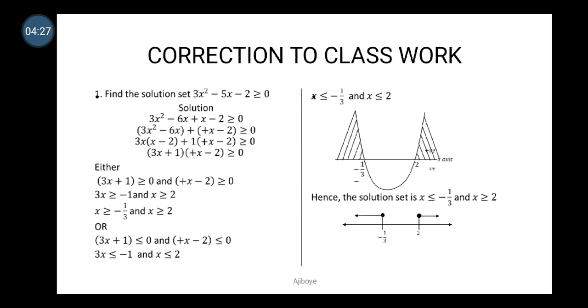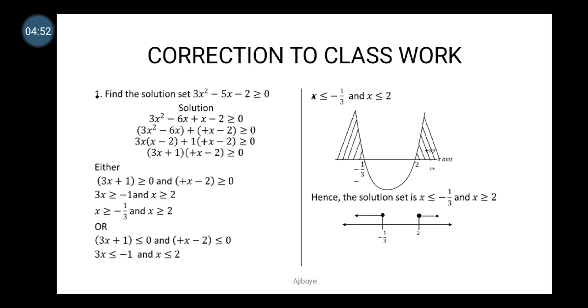That is, the coefficient of x squared is 3, and that 3 is positive. So the quadratic graph will appear like a U. It's a parabolic U. Okay, and then the curve will cut the x-axis at the zeros, which are minus 1 over 3 and 2.